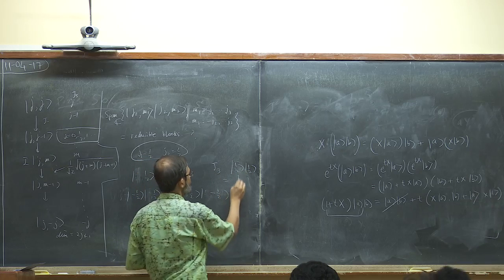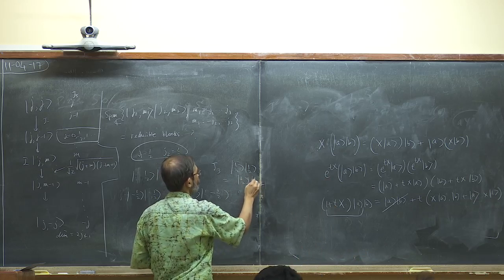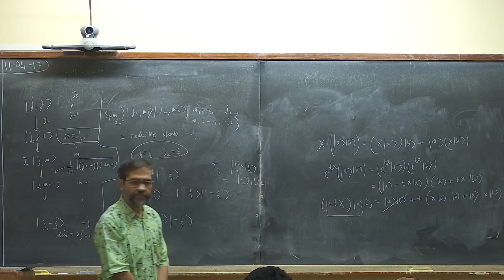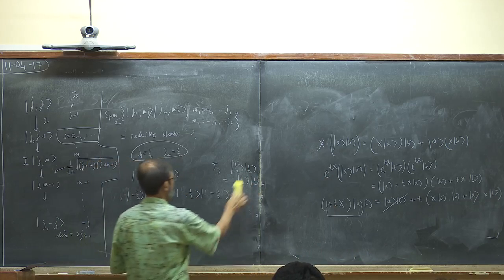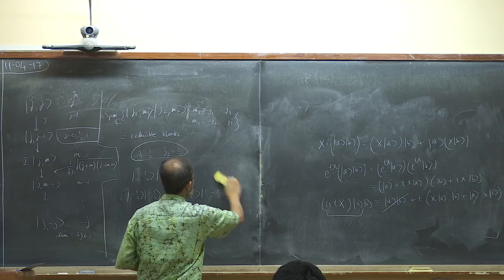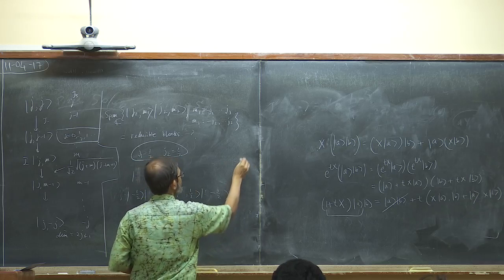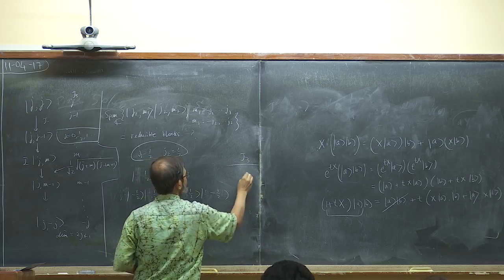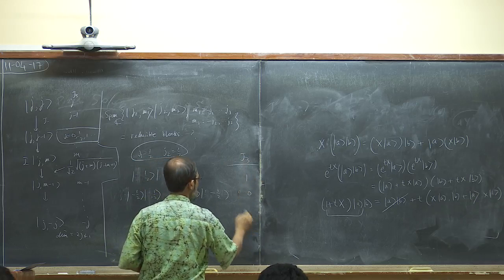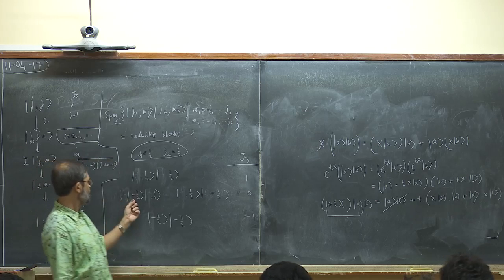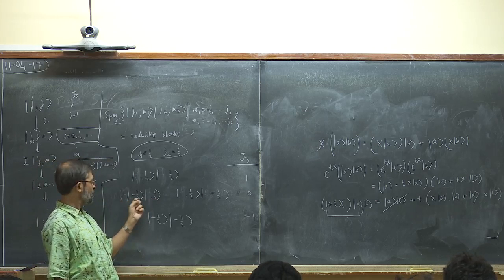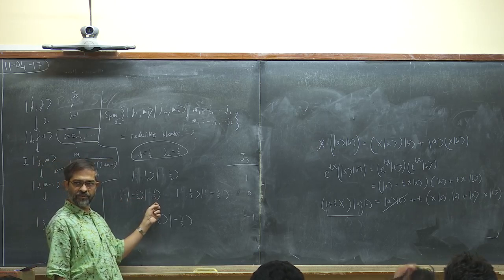So this therefore has a weight, which is a fancy name for the J3 eigenvalue, which is 1. So the J3 values listed here are 1, 0, minus 1. 0 is clear for any one of these states: it will pick up minus half from here, plus half from here, so it's 0.